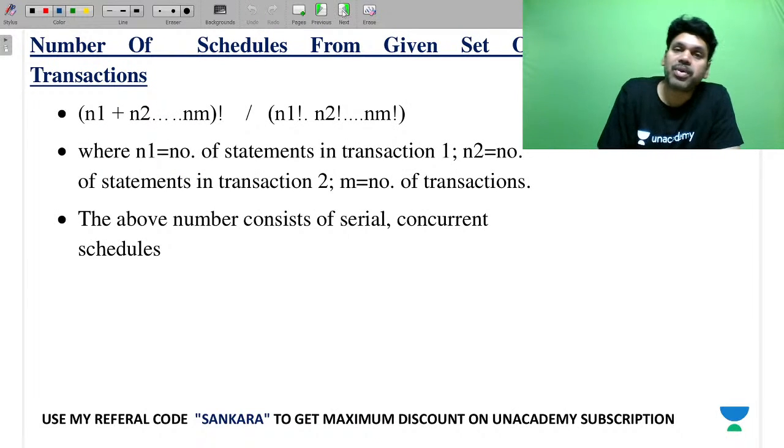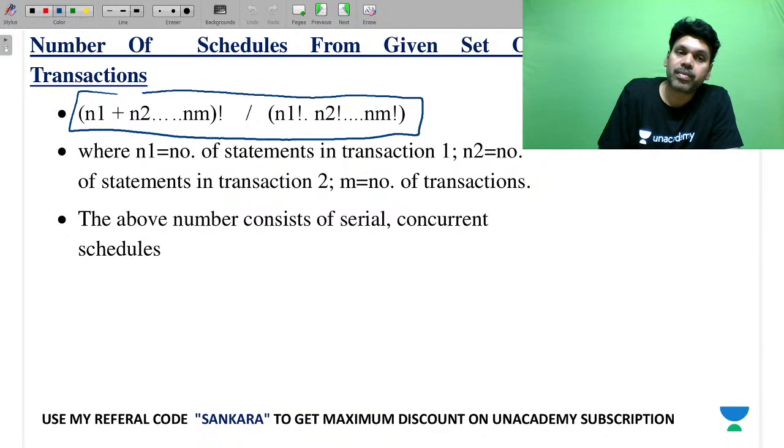So there is one important statement: the number of schedules from a given set of transactions.